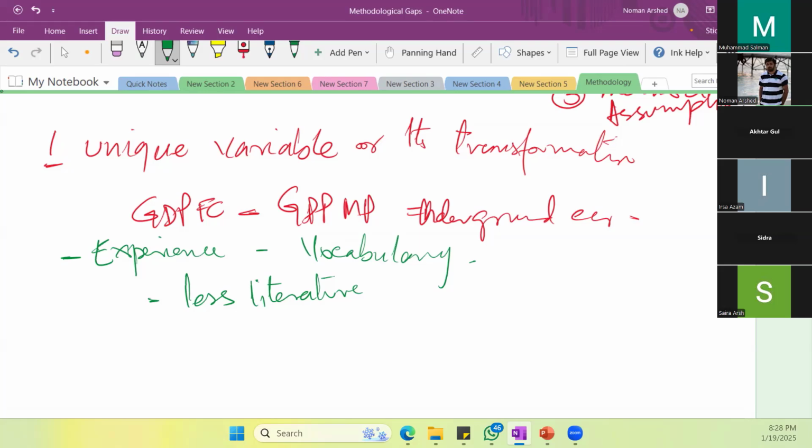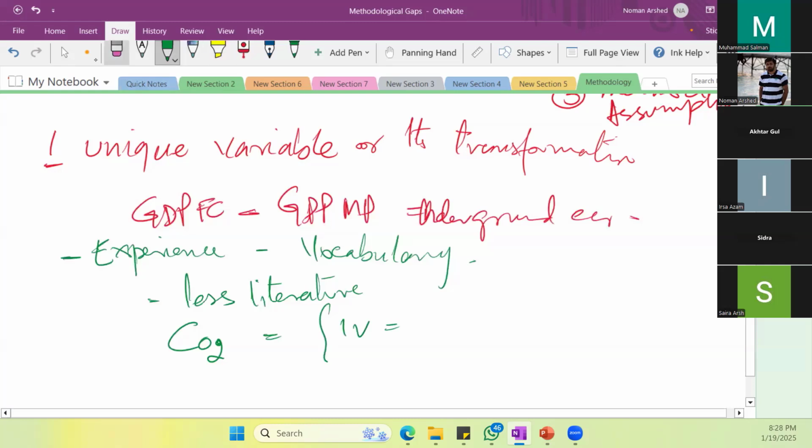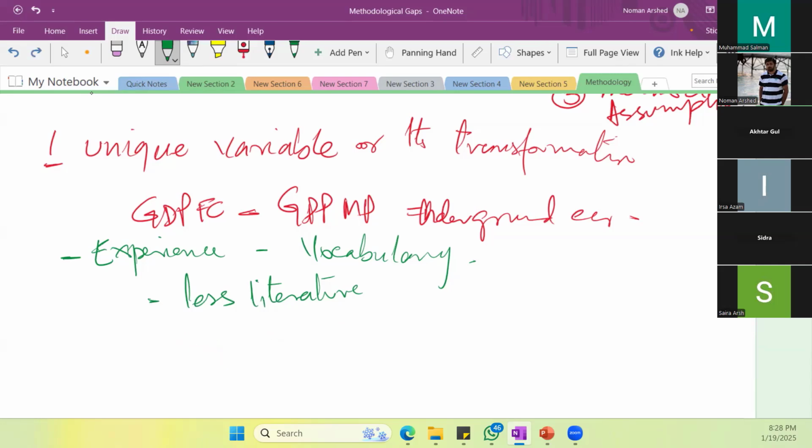Okay, for example, in one paper that I tried, the dependent variable was crime rate.